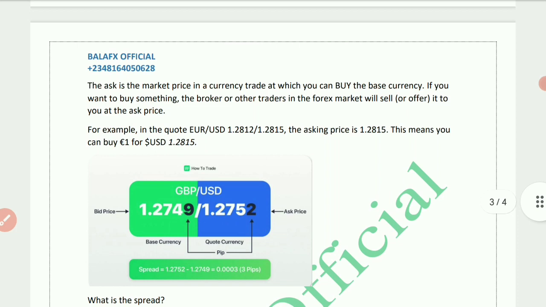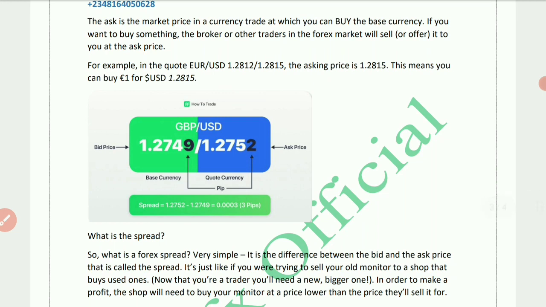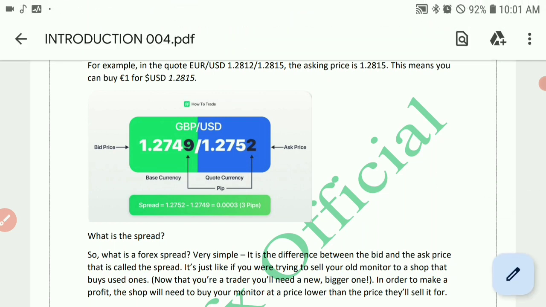If you want to buy something, the broker or other traders in the forex market will sell or offer. So what this means is that you are willing to buy the currency pair at some level, like in the previous example.